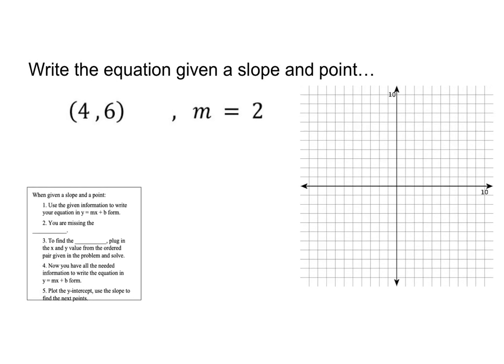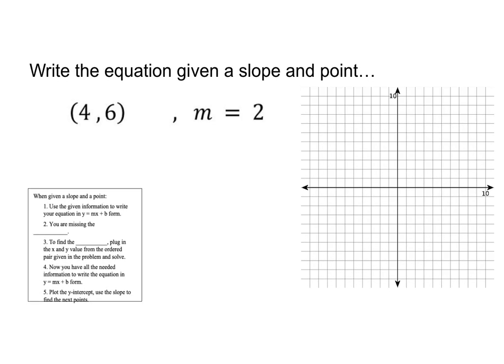So now, what do I want to do here? Well, I've got a point and I've got a slope. So at (4, 6), which is right there, I've got a point, and I know my slope is 2, so I'm going to go up 2 over 1. There's my next point. How can I figure out my equation? Well, right now I've got y equals mx plus b, and I know that my m is 2. I need to figure out what my b is.